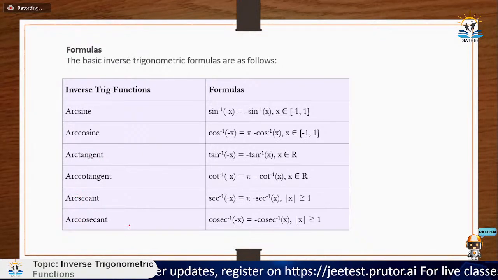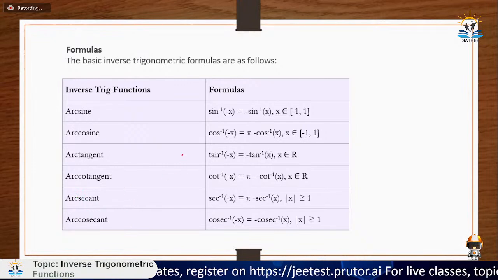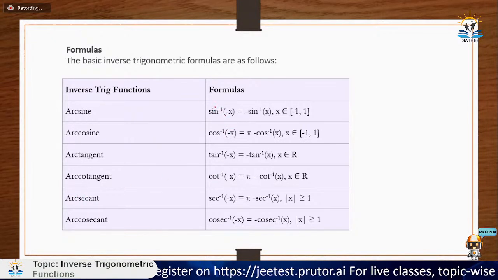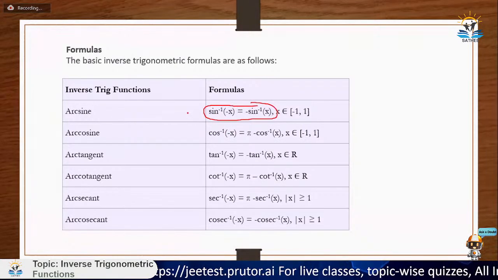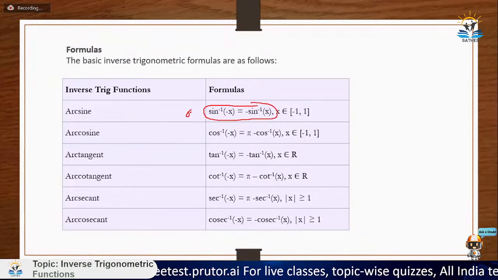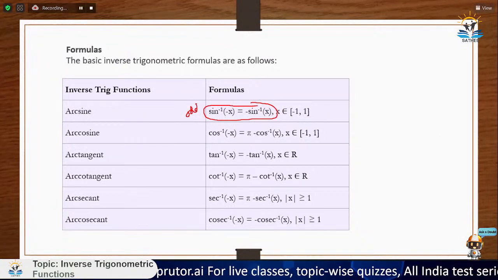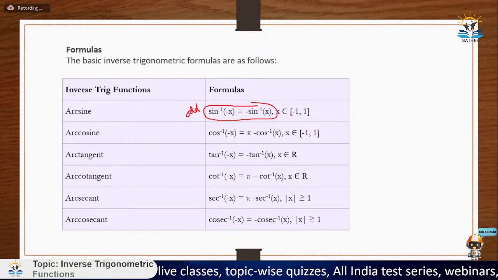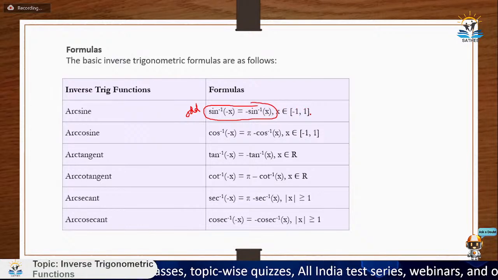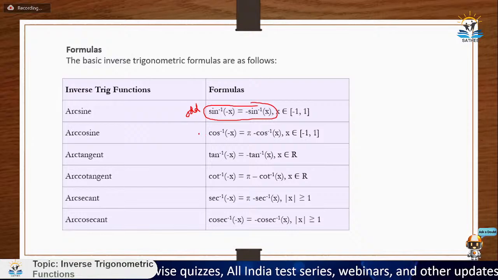So we call them like this, and there are some basic formulas, like sine inverse of minus x is minus sine inverse x, because sine inverse is an odd function, where x is defined from -1 to 1. Similarly, cos inverse of minus x is pi minus cos inverse x.